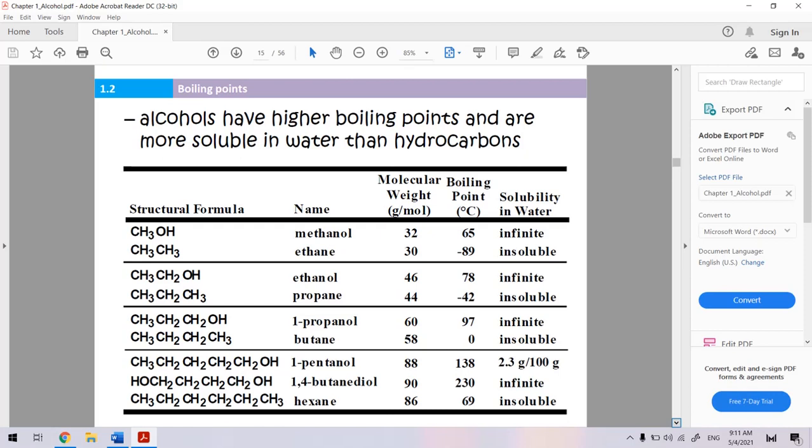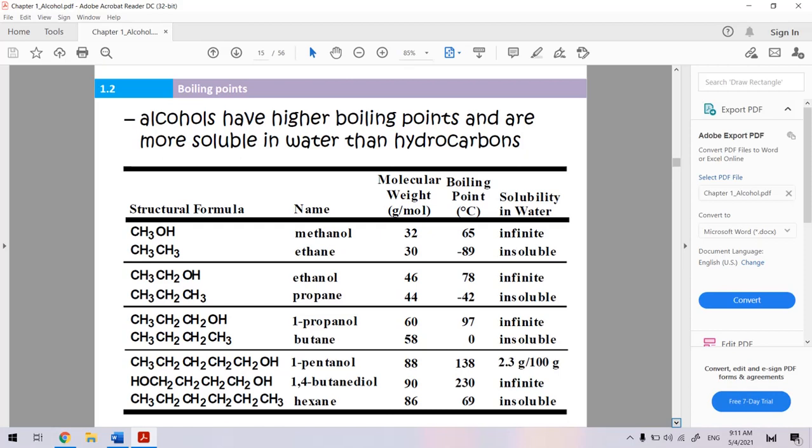When you compare the boiling point, this boiling point is 97, here is 138. So when the number of carbons in the structure increases, the value of the boiling point also increases. Why? It takes more energy to break the chain between this carbon and this carbon, so that's why the boiling point increases.